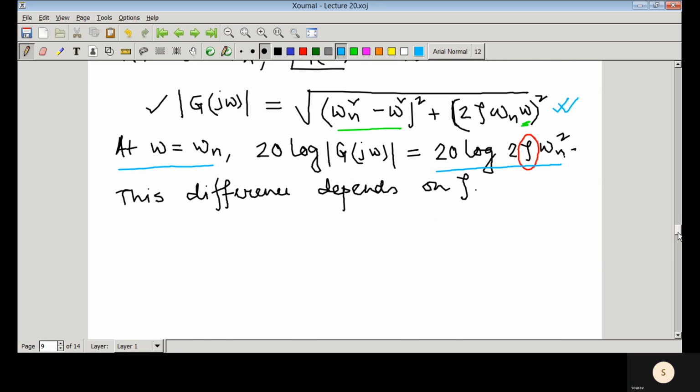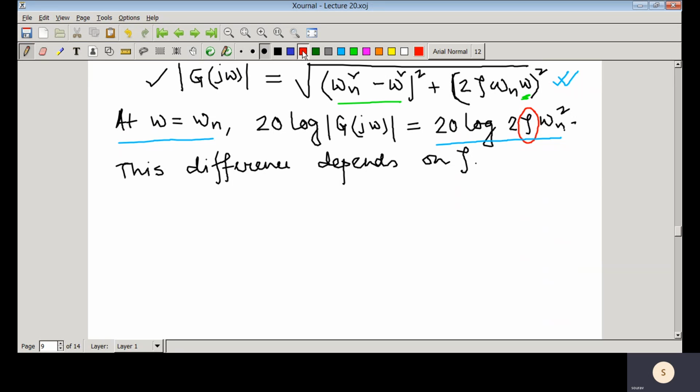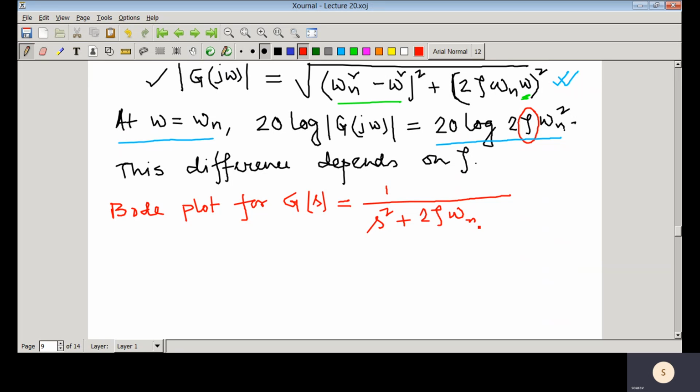So here we can show what the Bode plot of G(s) would be, where we have a second order term in the denominator.